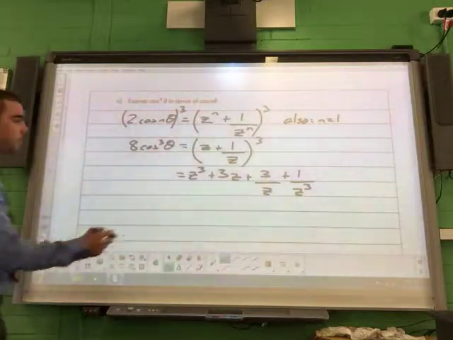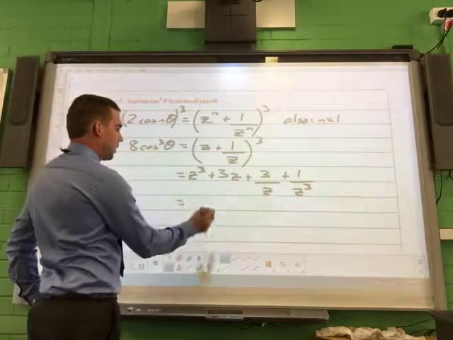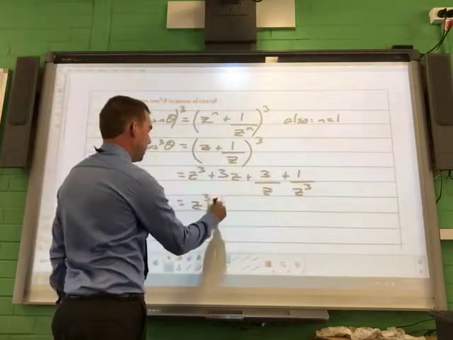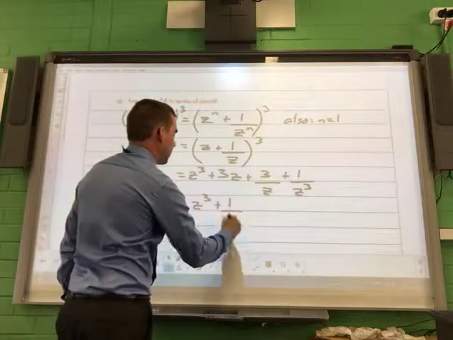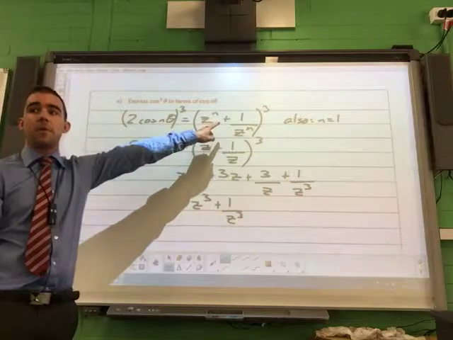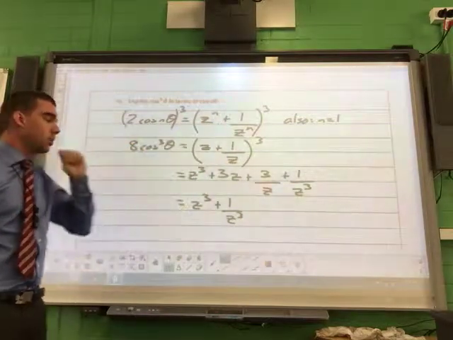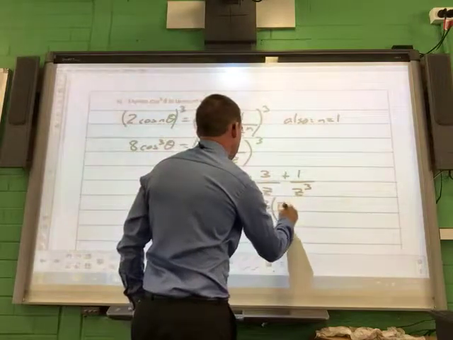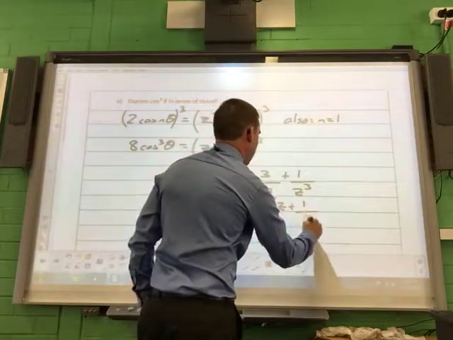So I'm going to match this: z cubed plus 1 over z cubed. I'm just reordering it because I'm going to use the result I've just done previously. Plus 3 outside of z plus 1 over z.